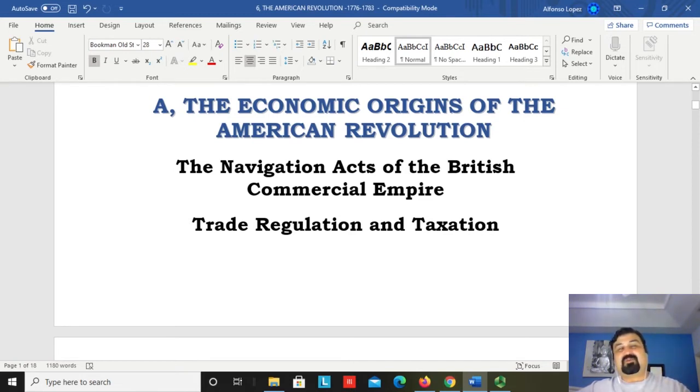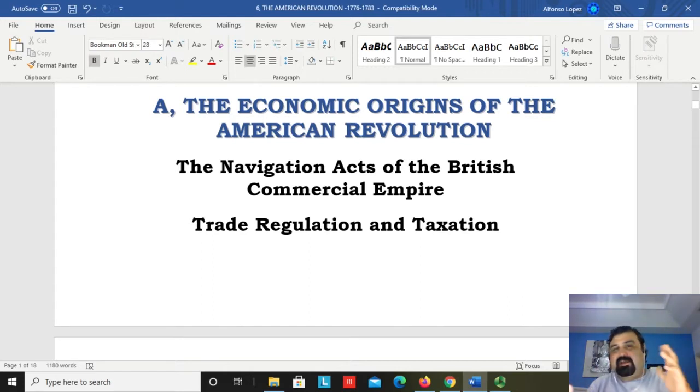And those laws were labeled as the Navigation Acts. The Navigation Acts are the laws of trade, trade regulation and also trade taxation. What those laws were concerned with was regulating the flow of goods from the colonies to the mother country, to make sure this trade was totally regulated, with the colonies exporting those products directly to Great Britain.